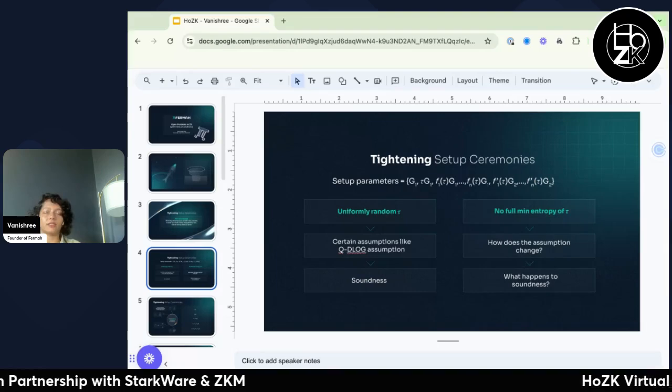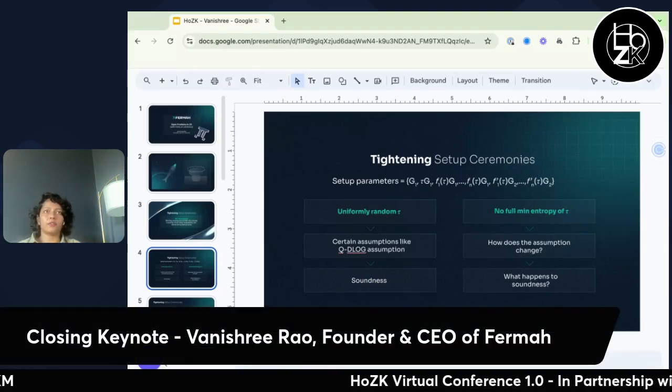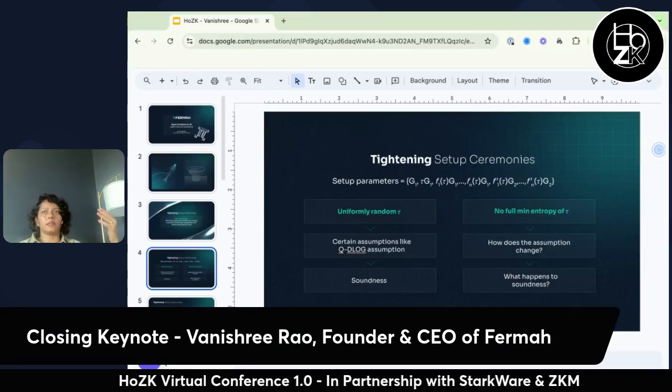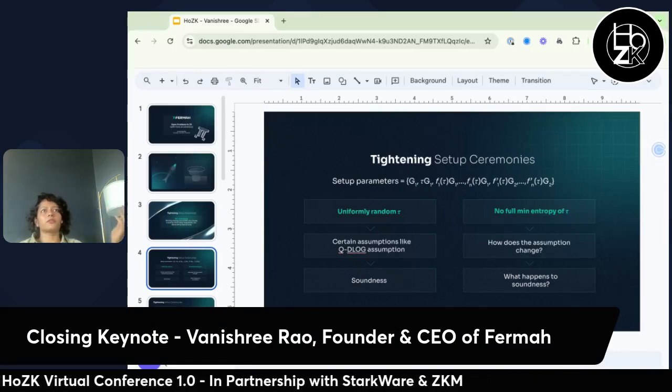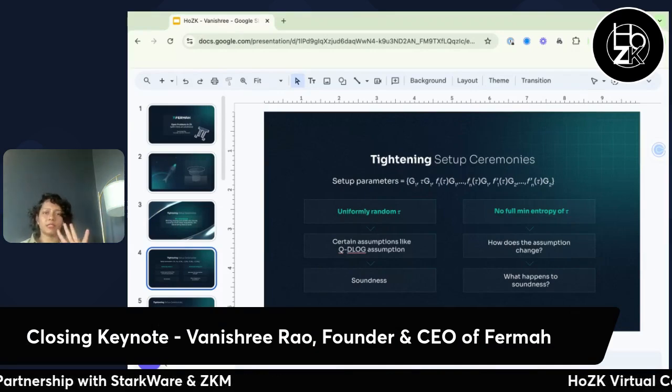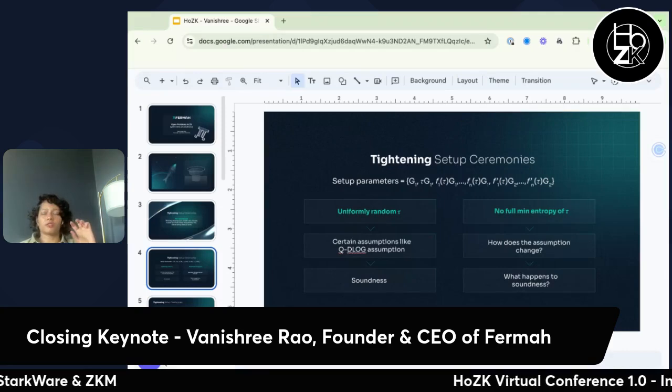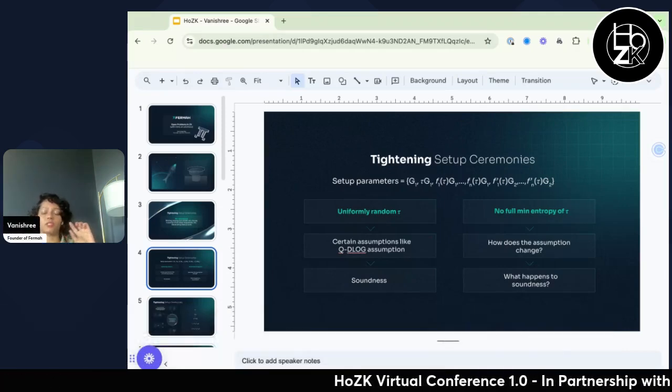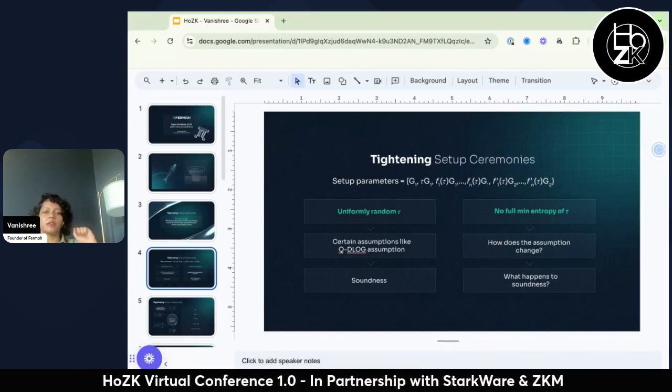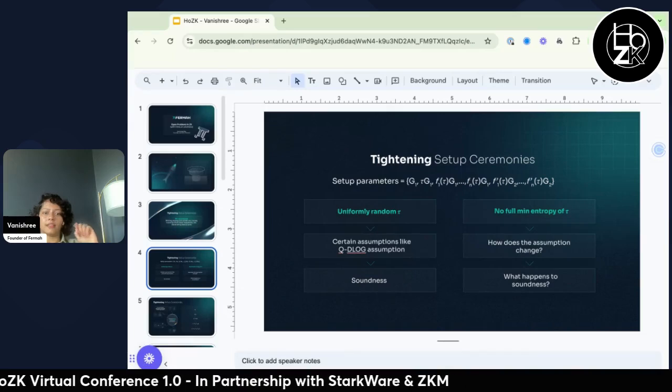On a complexity theoretic assumption. Think of discrete log as an assumption. Hardness of factoring is another assumption, but these proof systems tend to want more richly structured assumptions. And an example is the q-DLog assumption.